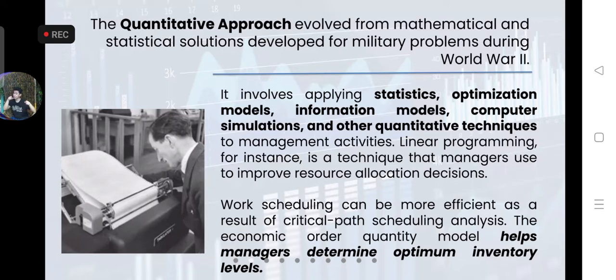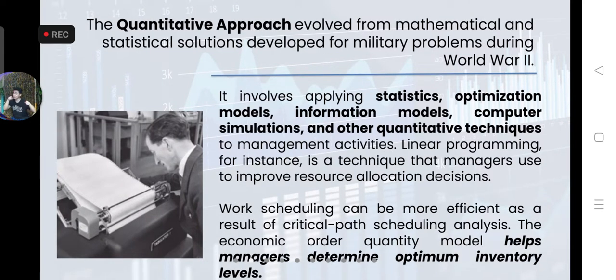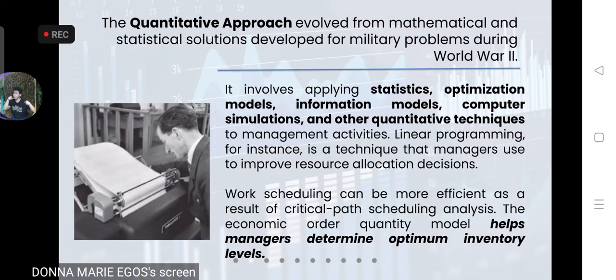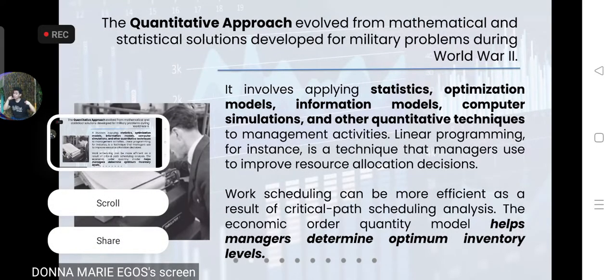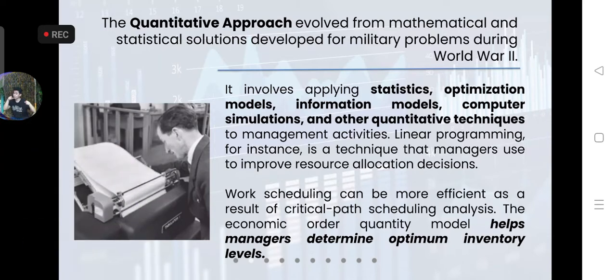The quantitative approach evolved from mathematical and statistical solutions developed for military problems during World War II. Imagine, this approach comes from hundreds of years ago, and we have still preserved it and use it in today's generation.